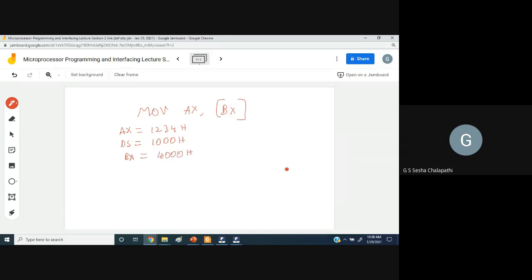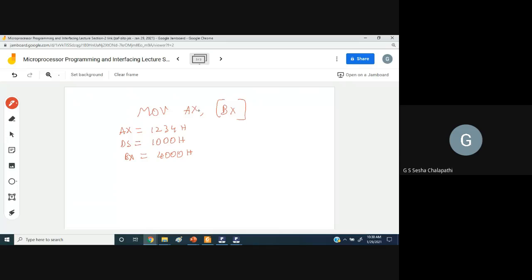Now what will happen is this instruction will take the data contents of a memory location which is pointed by BX and put it into AX. That is what it will do.